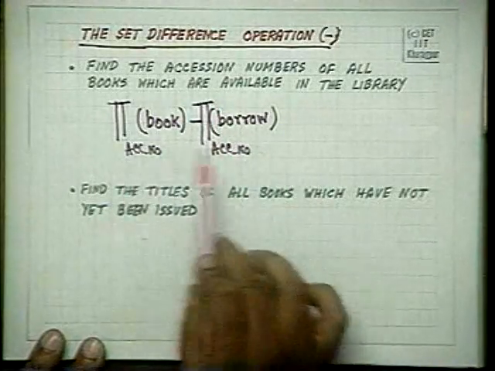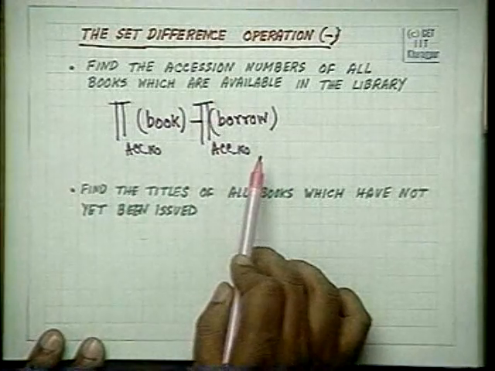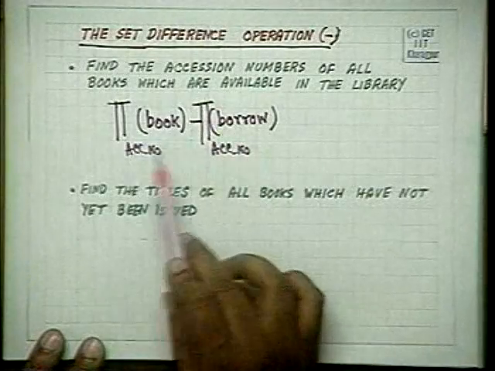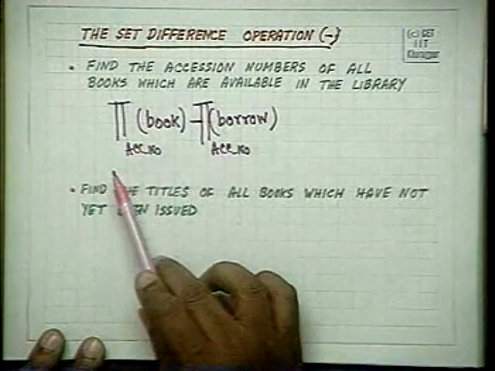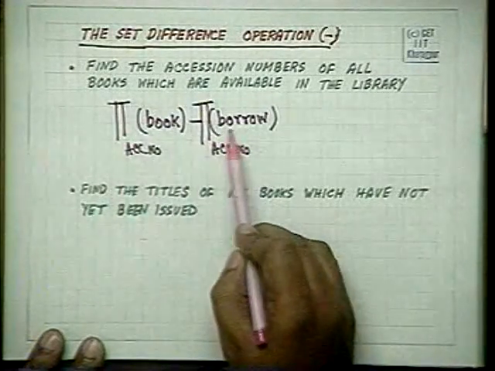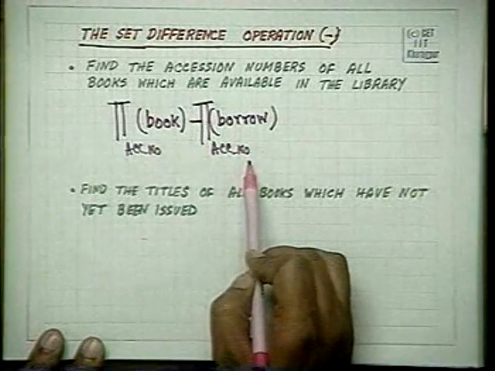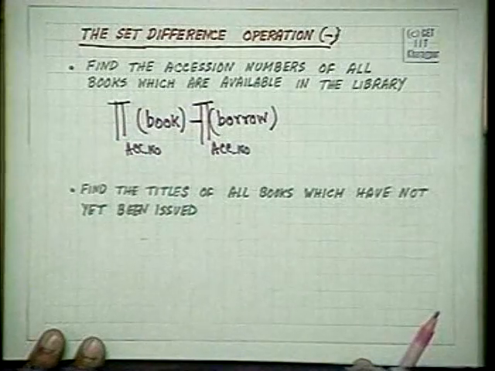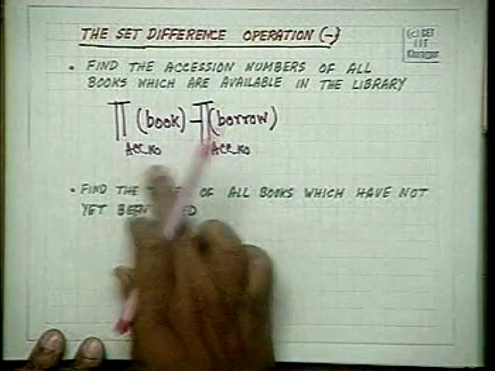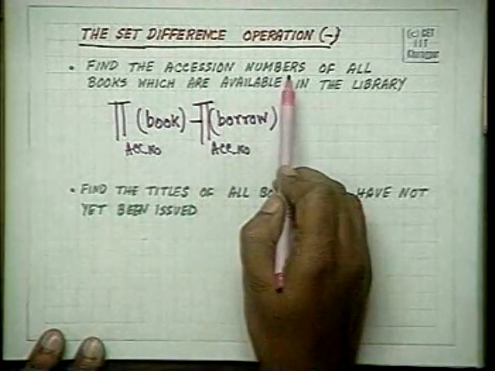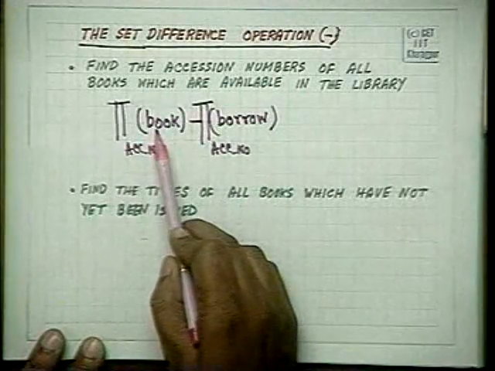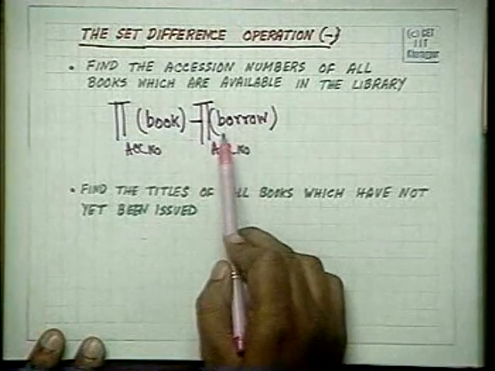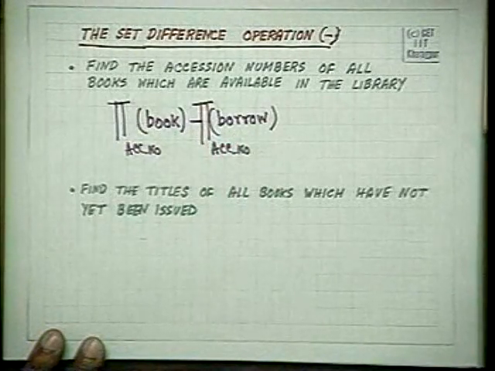Now it is defined on two relations which have got the same attribute. These two relations have got identical attributes, accession number. Borrow pi accession number has got only accession number as attribute. Book accession number has got only accession number as attribute. And this will return only those accession numbers which are in books which are supposed to be there in the library, and which have not yet been borrowed.